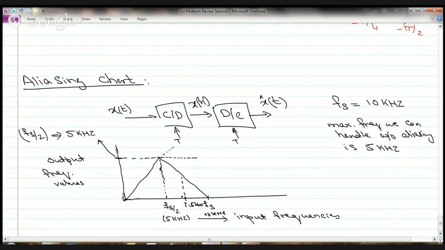So since you have moved 2.5 kilohertz higher, you will come down 2.5 kilohertz. So your output frequency will be 5 kilohertz minus 2.5, that's 2.5 kilohertz. Okay. Now, once you hit fs, and if you go higher, then your output frequency starts going up again.